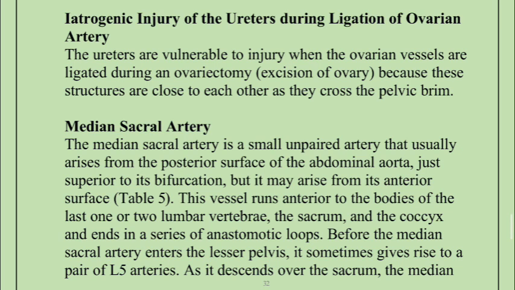So the medial sacral artery is unpaired, it's small, and it comes from the posterior surface of the abdominal aorta, just superior to its bifurcation. That's superior to the bifurcation of the abdominal aorta. Just before it bifurcates, it gives off the medial sacral artery.